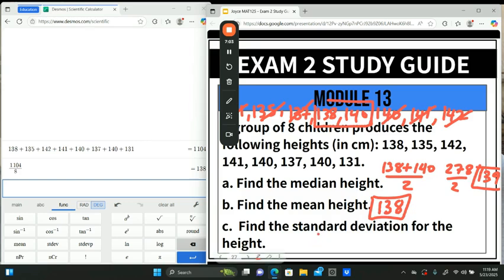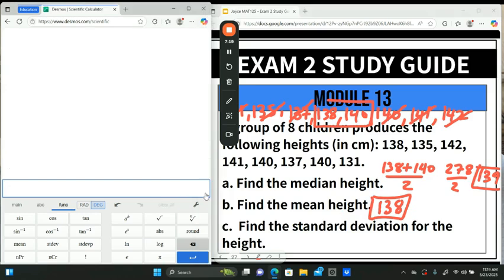Okay. C, find the standard deviation for the height. Okay, so cool thing about Desmos, it actually has a function for standard deviation because calculating standard deviation by hand is quite the lengthy process. So if you want to find it, you can go to function. Normally it would be under main, but you go to function and then you click standard deviation. And then you're going to type all your values in separated by a comma.